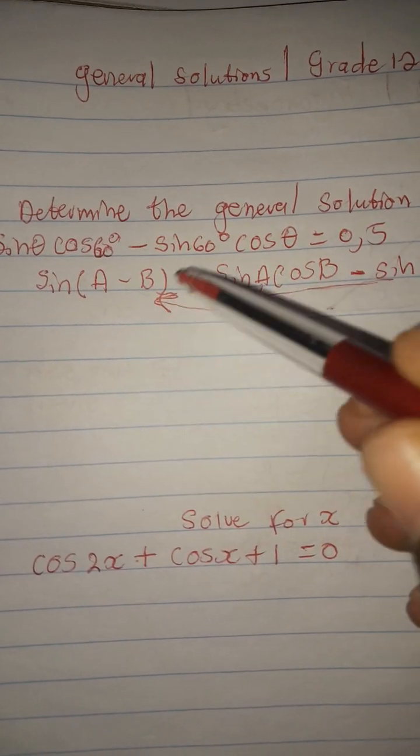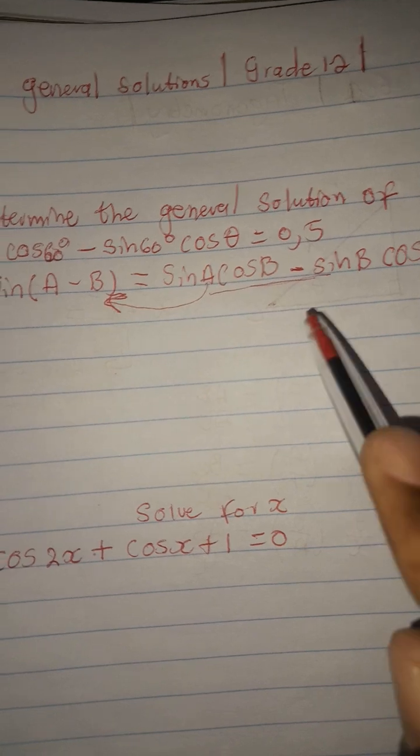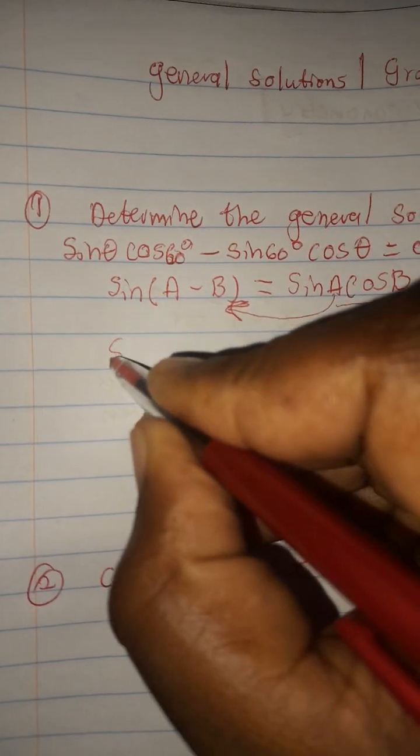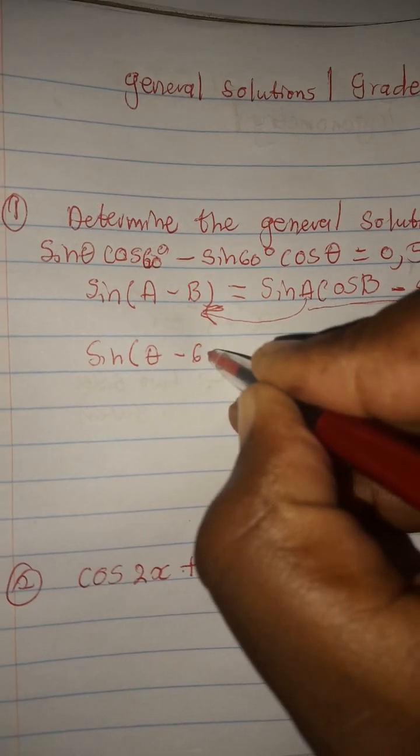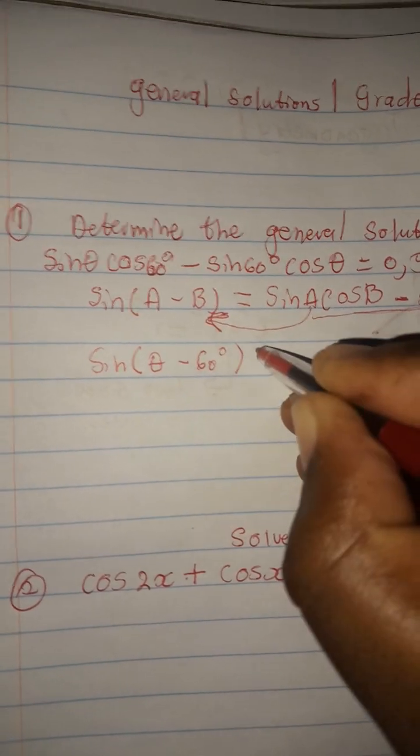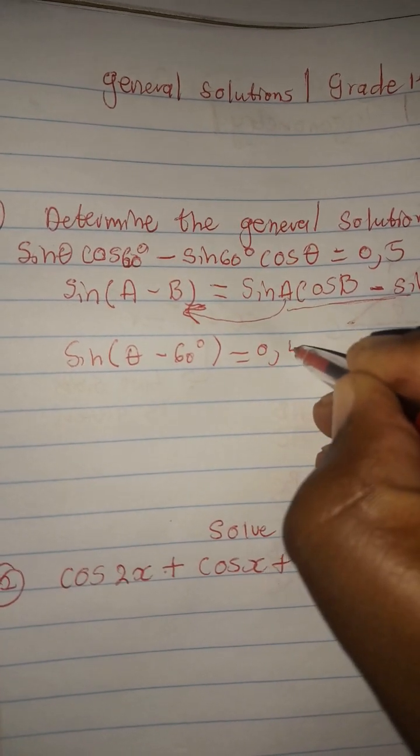We change it to this form. So we will have sine (theta minus 60 degrees), which is equal to 0.5.